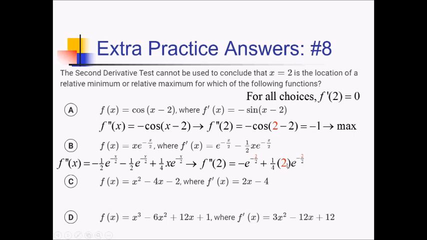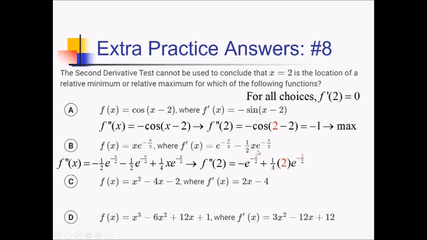And it looks like we have a 2 down here. We can move this, so this actually is going to be negative 1 over e plus 1 over 2e. So basically we've got a negative 1 over e, and then we're adding half of a 1 over e.